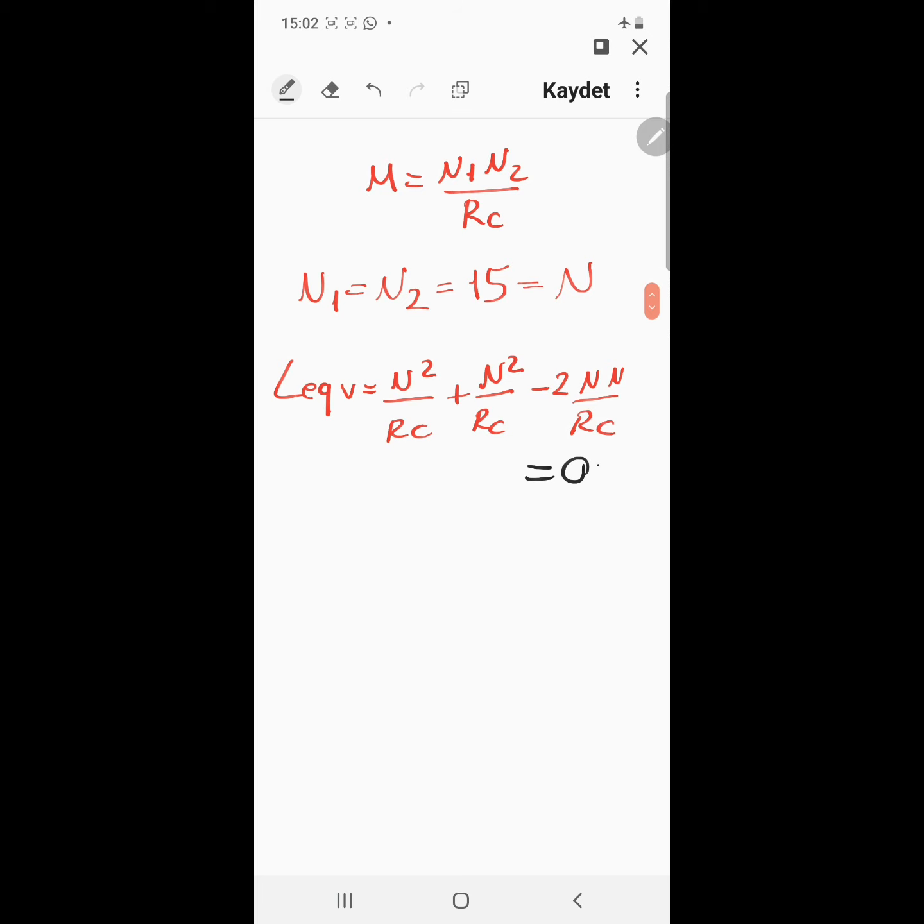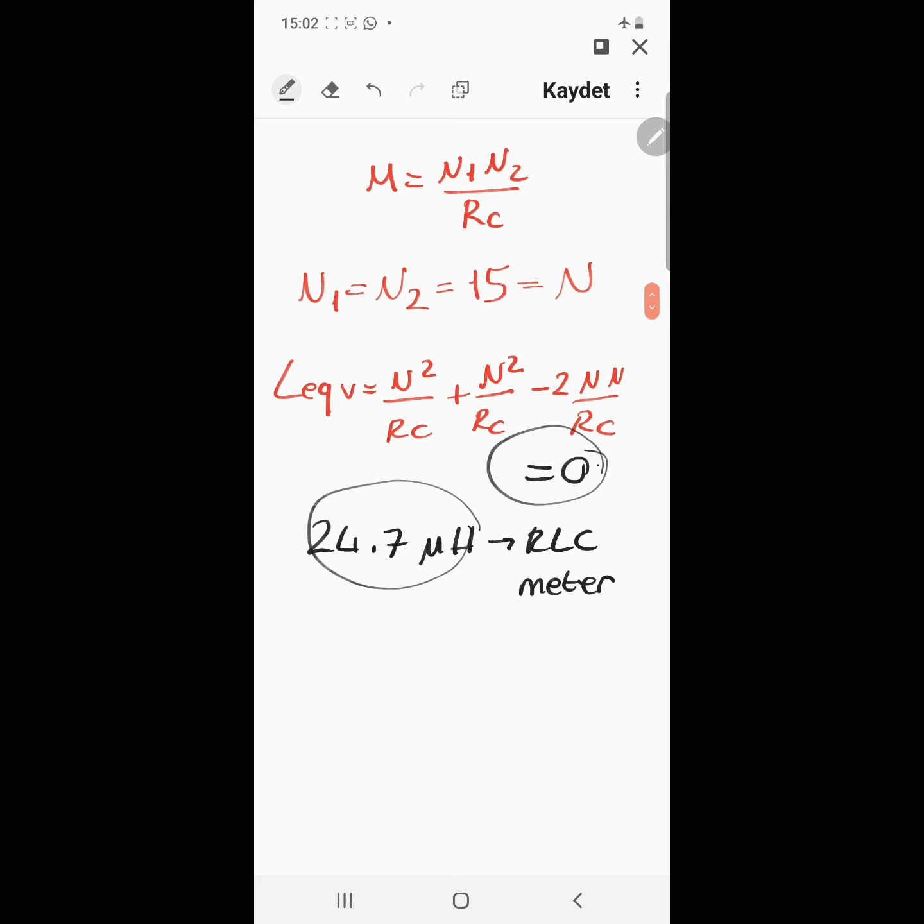The equivalent inductance should be 0, but in the RLC meter we measured this value, 24.7 microhenries. I think because this is a very small inductance value near 0, these values are more or less consistent with each other.